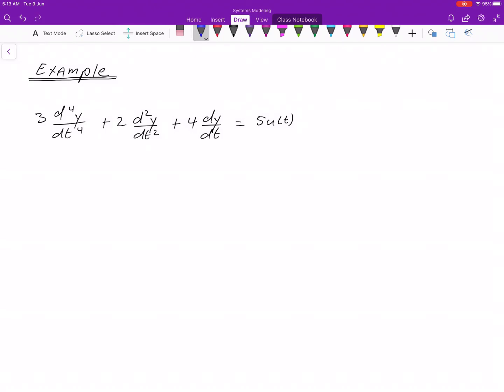Again, I'm going to rewrite this equation. We have 3y dot dot dot dot plus 2y dot dot plus 4y dot is equal to 5u.